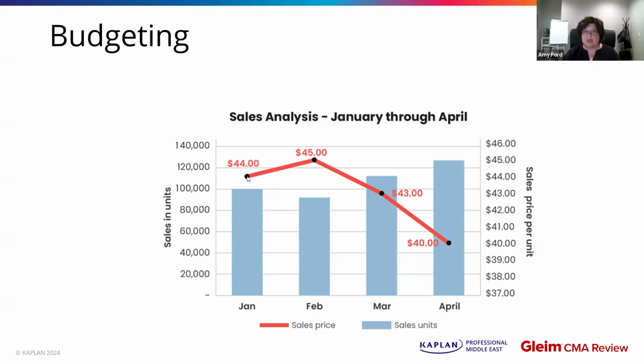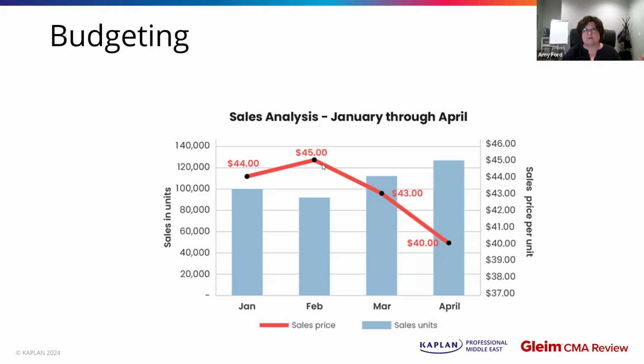Yes. So because the key here, why is this important for this entity? If this red line was always $45, that wouldn't be important. If we kept the same sales price per unit every month, we would just have it as a given piece of data.